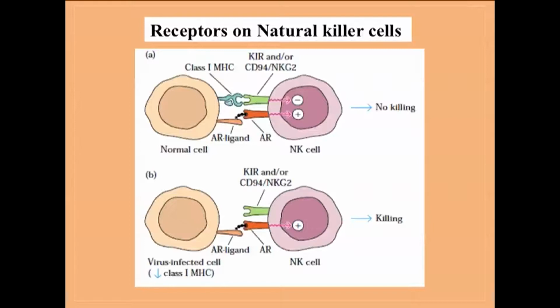If it gets enough class 1 MHC molecule, then it overrides the killing signal, and the cell gets the survival signal. But if class 1 MHC molecule expression has really lowered, that means the cell is undergoing some infection. The cell has been transformed or some virus has infected that cell, then it will be killed by the natural killer cell.